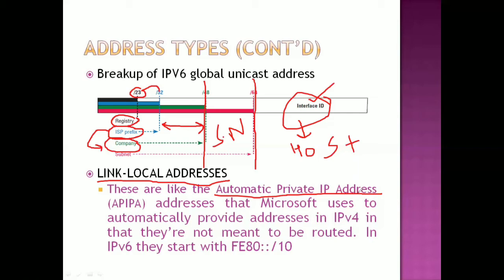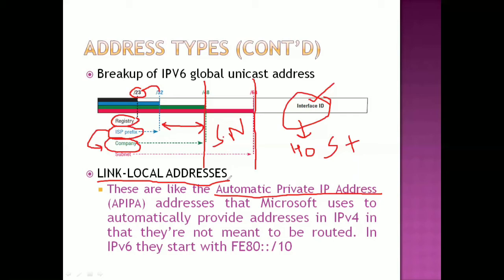So if you have configured your PC to get an IP address from a DHCP server, but the DHCP server is not present, or the IP address is not given to your PC by the DHCP server, then the PC will itself assign an IP address of the range 169. So this is the APIPA concept, and these APIPA addresses are used by the PCs to identify themselves.